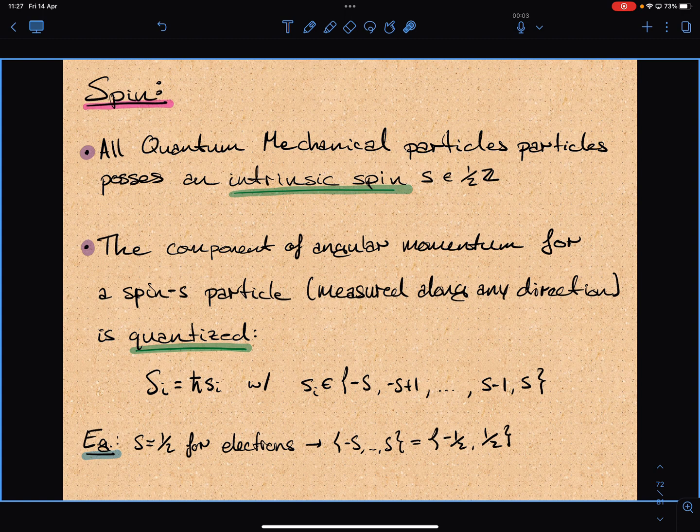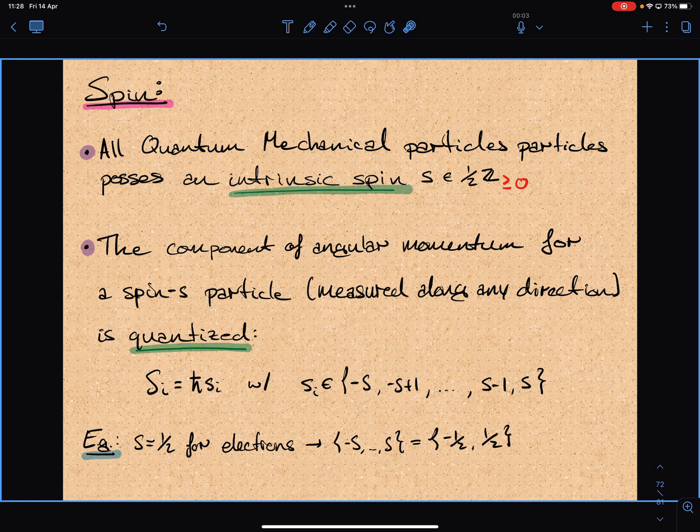If the spin of the particle is s, where s should be greater than or equal to 0, then the possible outcomes when measuring the spin along any direction, which we'll make more precise in a bit, are only the values from minus s, minus s plus 1, all the way to s. So these are quantized values that you recover from these measurements.